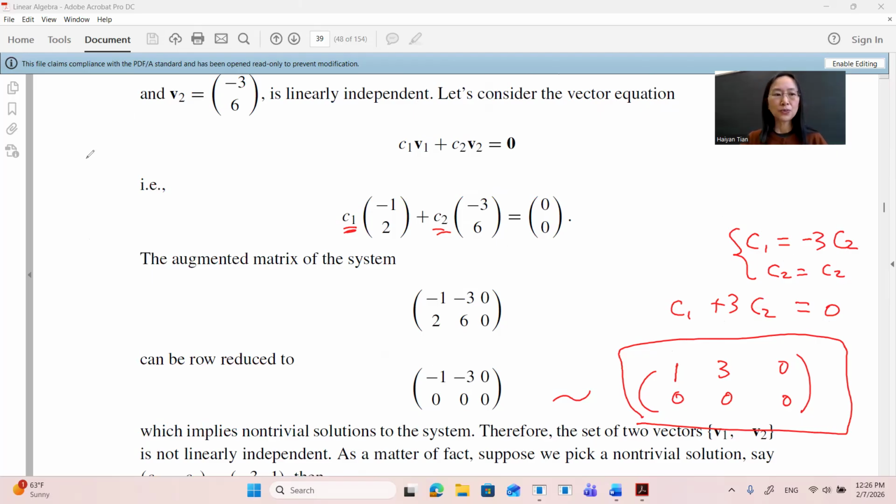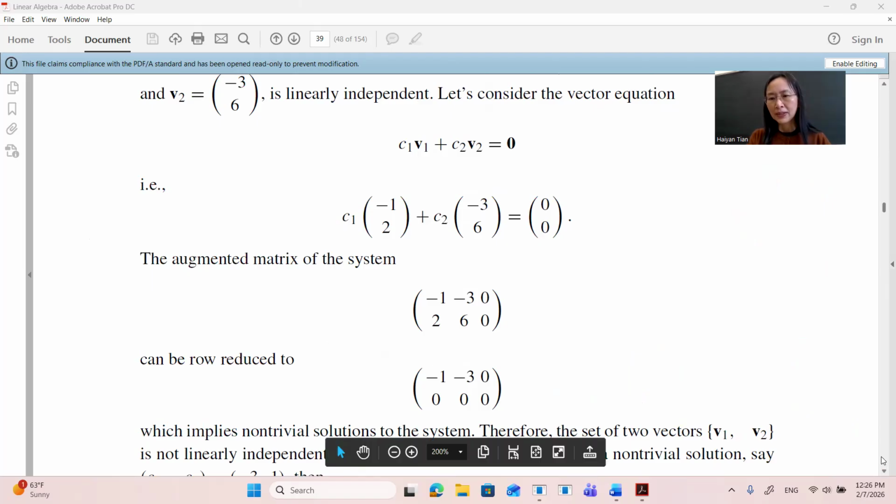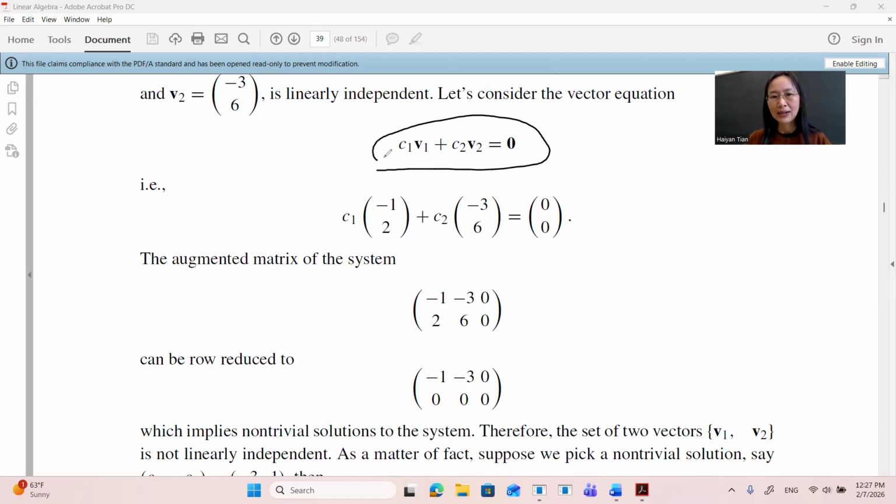Whenever c2 is non-zero, we have non-trivial solutions. So free variables also imply non-trivial solutions for the homogeneous system, and that implies the two vectors are dependent.